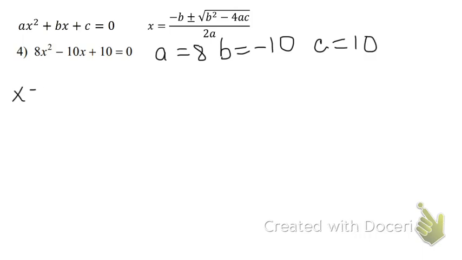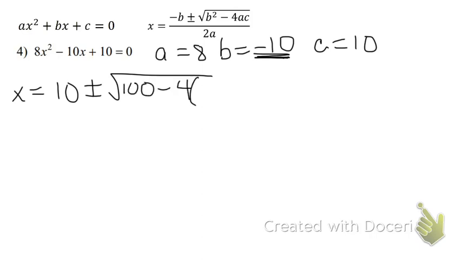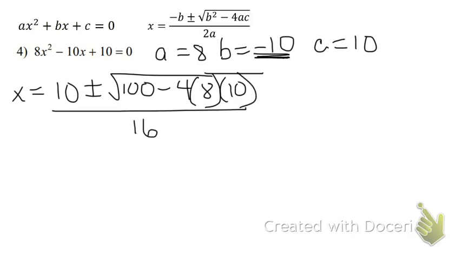So x equals negative b would be positive 10, plus or minus the square root of negative 10 times negative 10, which is 100, minus 4 times a times c, all over 2 times a, which is 16. Simplify. 10 plus or minus the square root of, plug all that into your calculator. 100 minus 4 times 8 times 10.